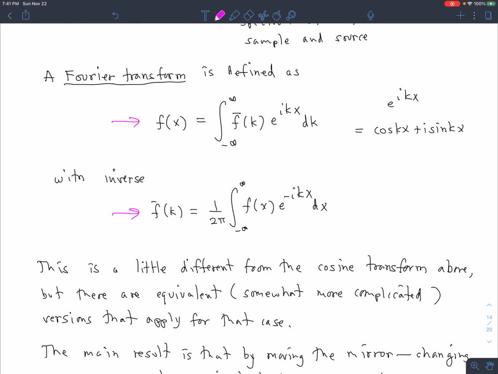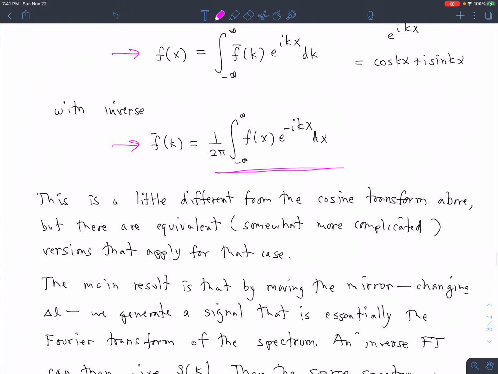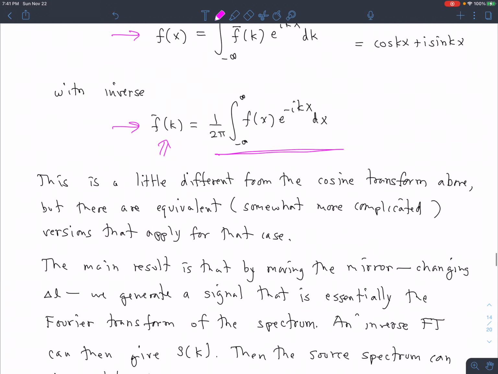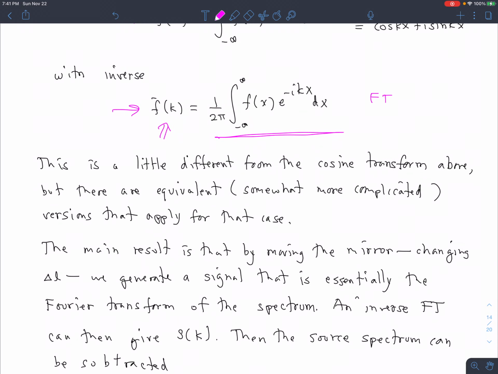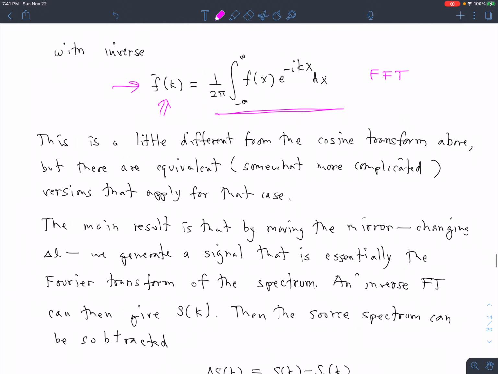All right, so that means here's the Fourier transform. Here's the inverse Fourier transform. You've got to do this integral. Over the decades, computers and software and mathematical analysis methods have become extremely efficient at doing these kinds of transforms, because they're so ubiquitous and widespread and useful. There's something called the FFT, fast Fourier transform, that's now embedded in the software of an uncountable number of instruments and other pieces of software.